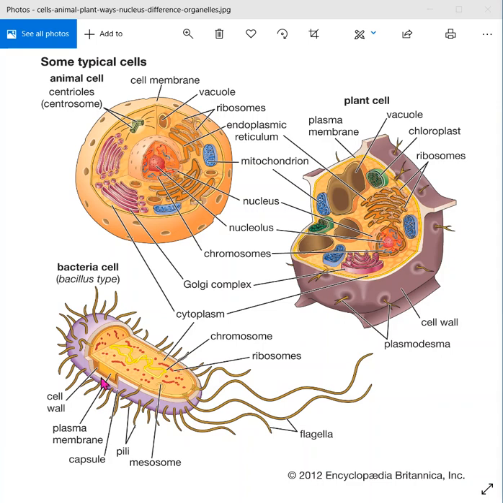Now the reason why it is called plasma membrane is because it is very fluid in nature and a very flexible membrane, and it's also considered to be a living membrane, and the materials can go in and out of the cell. It is highly regulated or controlled.